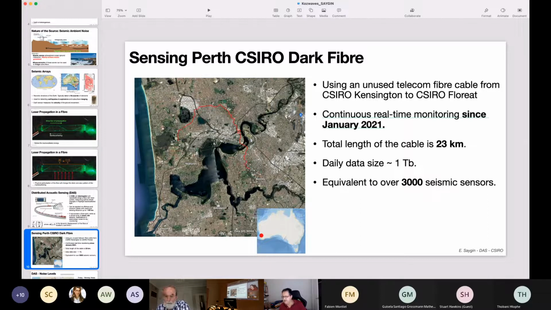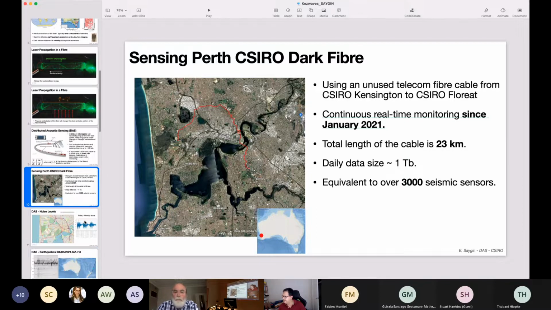That's an extraordinary amount of density, which we can never get with conventional sensor technology. It is highly data intensive, around a terabyte per day, but the great thing about it is that it's real time, and we can do all sorts of things.